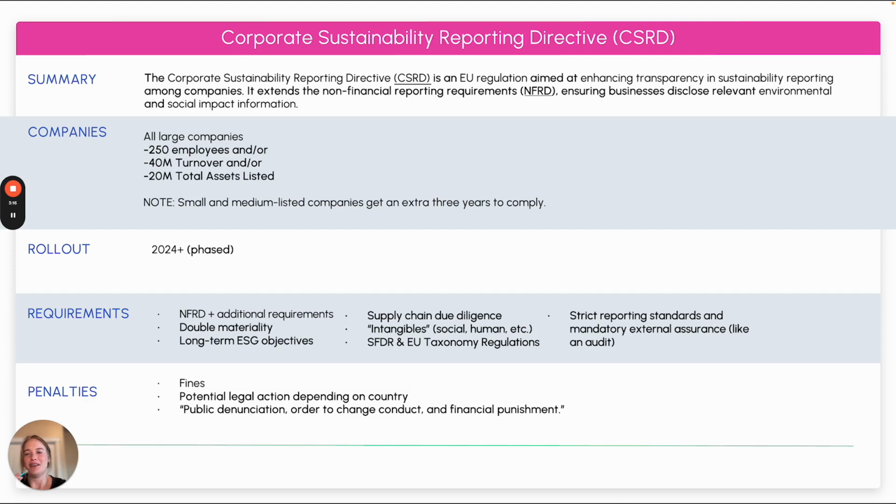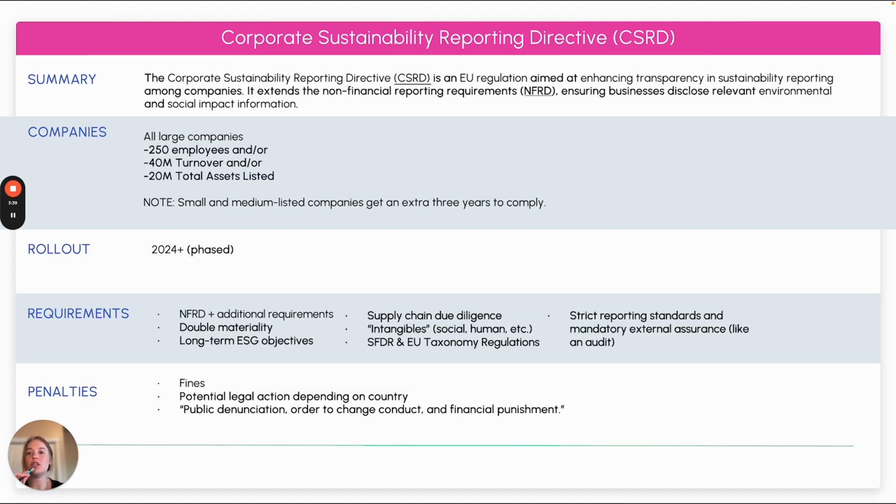Because in the past years, I think we've seen more direction toward standardized sustainability reporting, but for a lot of the history of sustainability initiatives, it's kind of been a free-for-all. So this is an attempt to really standardize, regulate, and enhance that transparency.